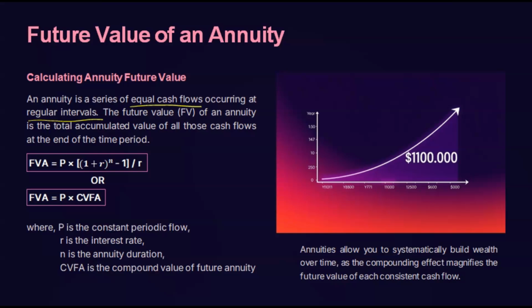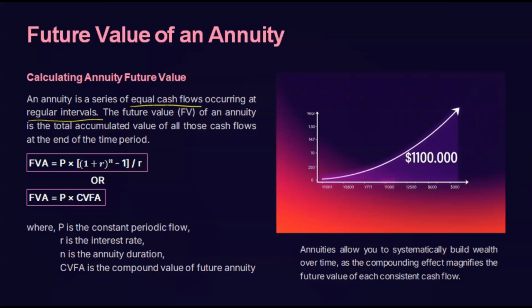Suppose you are investing an amount in a particular thing, or you are buying something by paying EMI, in installments. So either each year or monthly you are paying some money, and you want to know its future value after a certain time period. So we'll use this method, future value of an annuity.